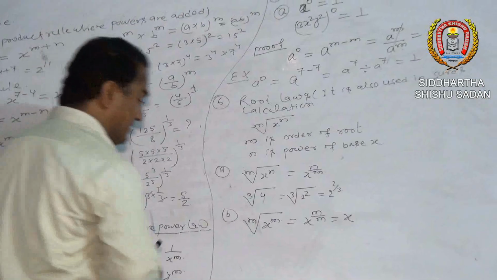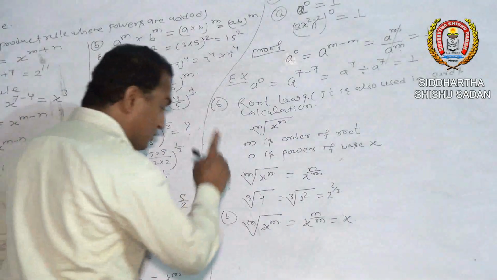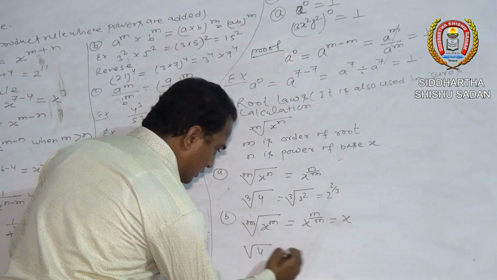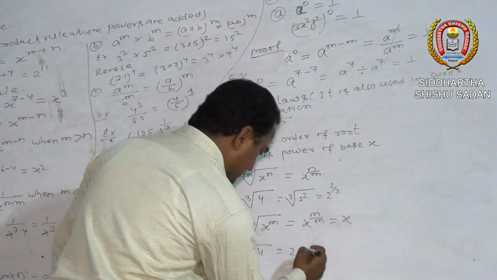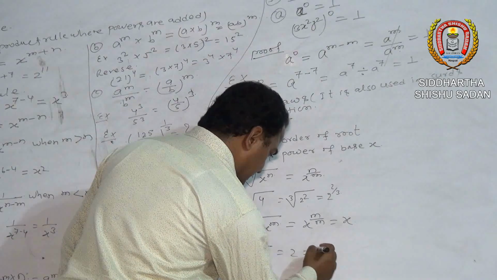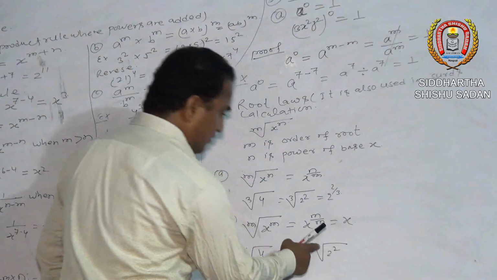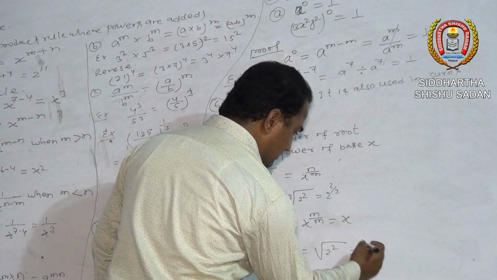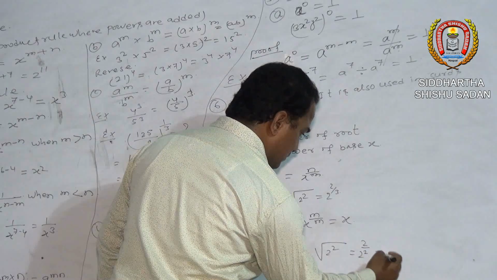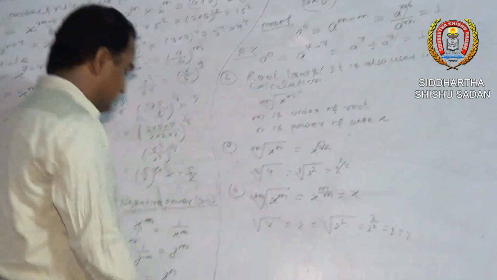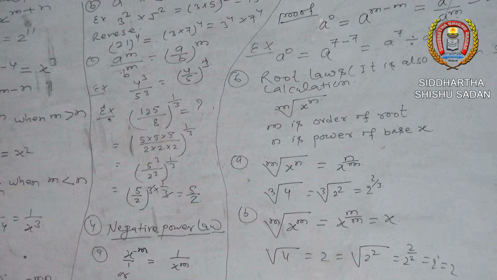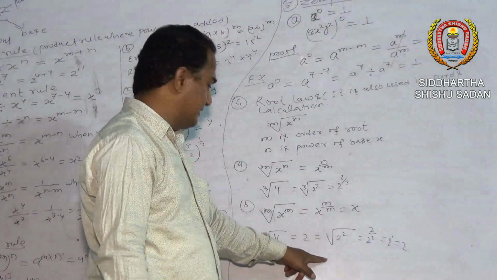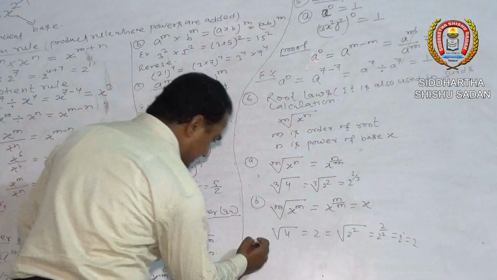In that condition we are writing directly square root 4 is equal to 2, because root under 2 to the power 2, this is already a square root, there is already 2, that's why 2 to the power 2 by 2, that is equal to 2 to the power 1, that is 2. We are using it directly, but the reason is here. How do we write?